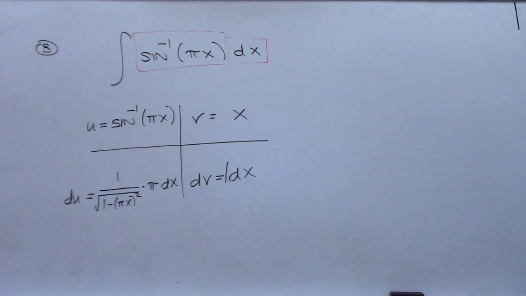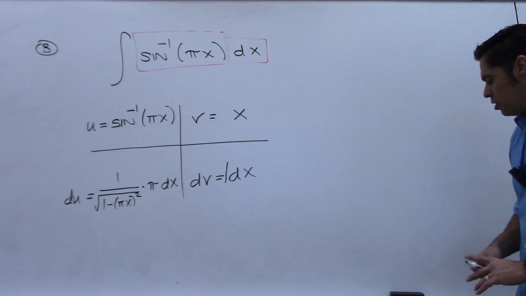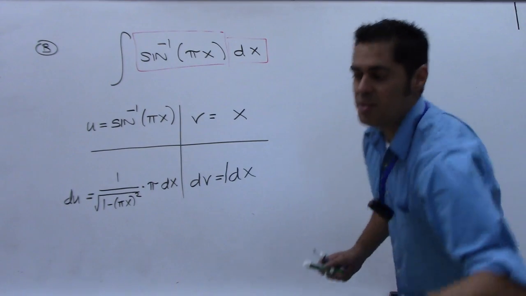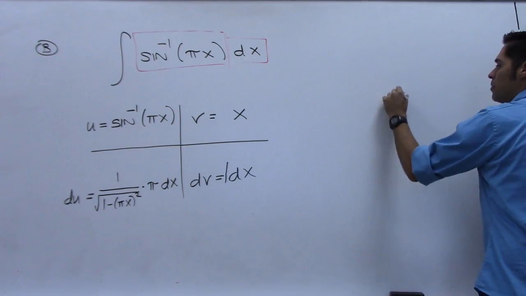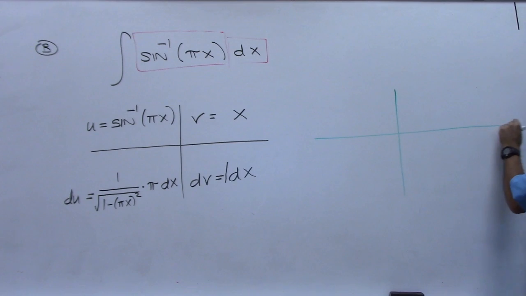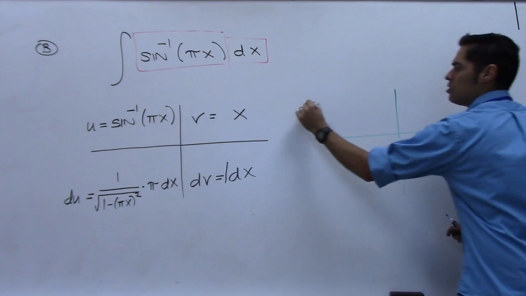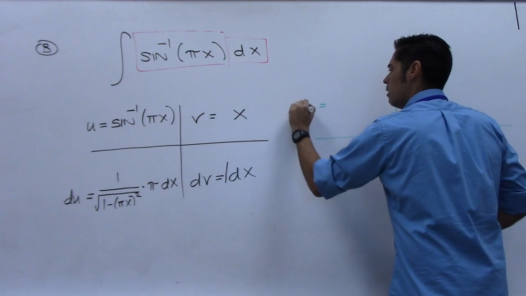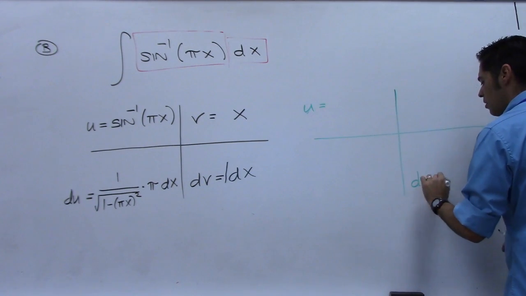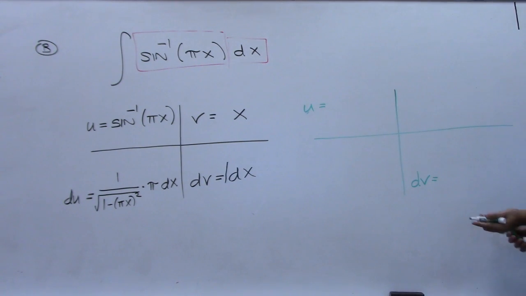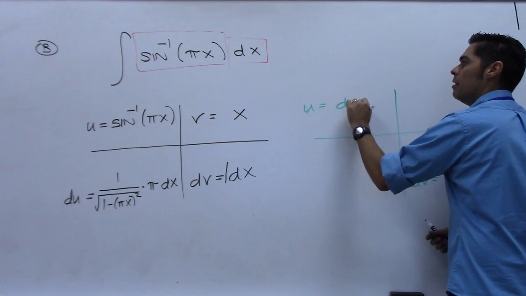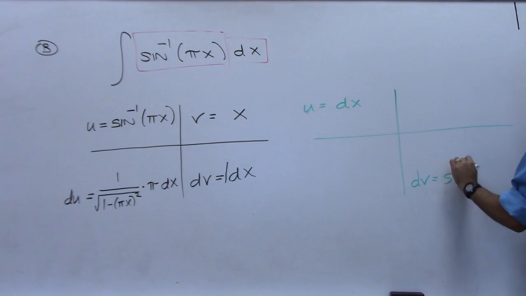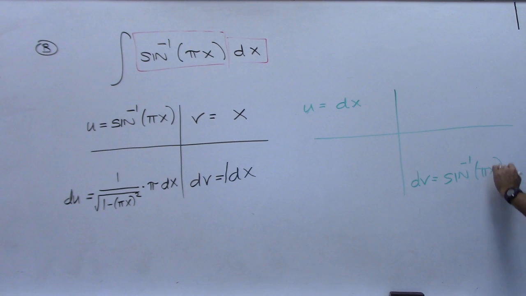Okay. Now, just for the sake of showing you, I want to see what other option there was. You have to choose v and u and dv. So another way you could have done it is you could have put dx here, and you could have put arc sine of pi x dx here.